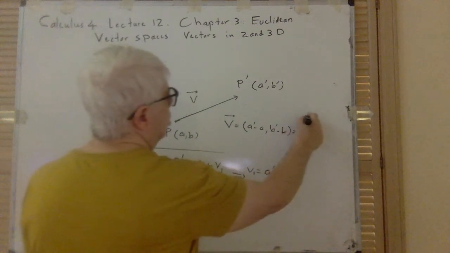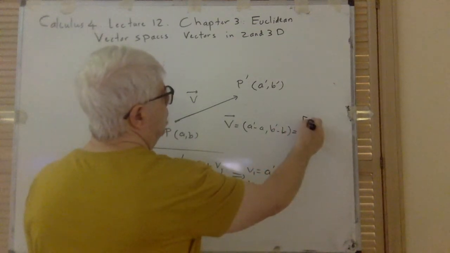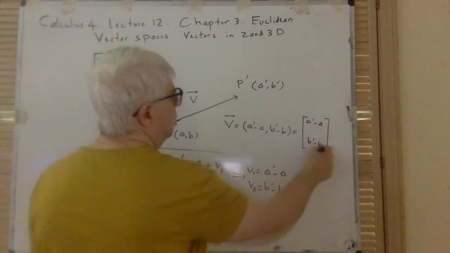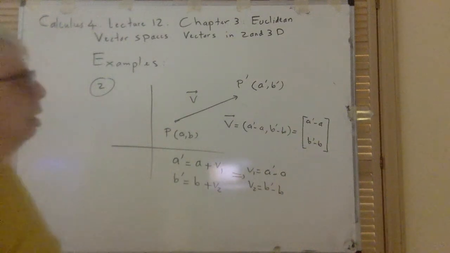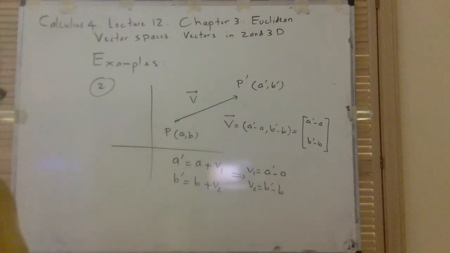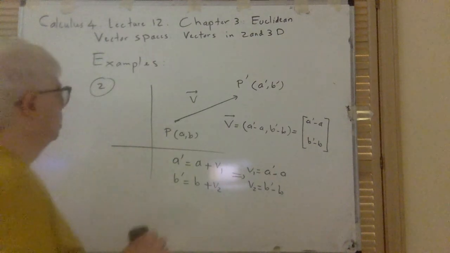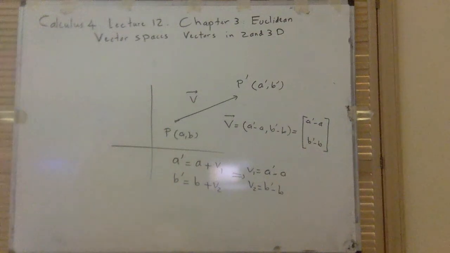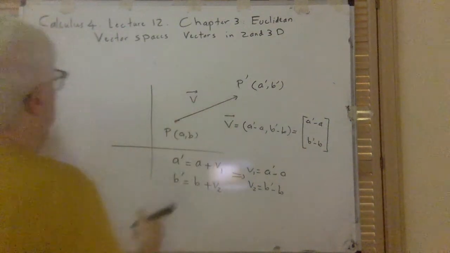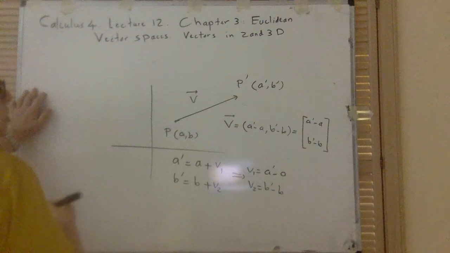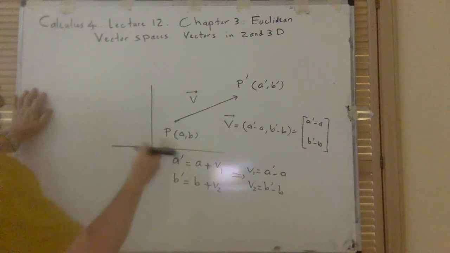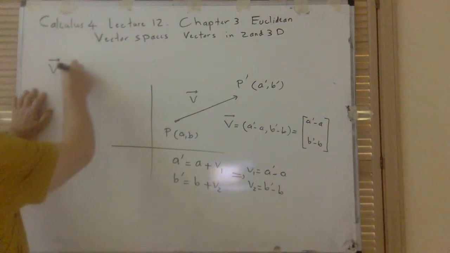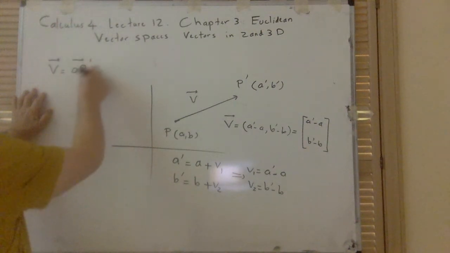So this vector, the translation, is simply A prime minus A and B prime minus B, or in matrix notation, A prime minus A, B prime minus B. So in a sense, it is in fact this thing. So let me write it here. If P goes to P prime via some translation, then the translation is in fact OP prime minus OP.